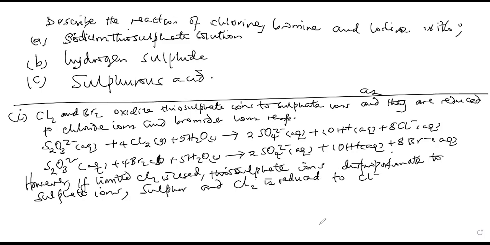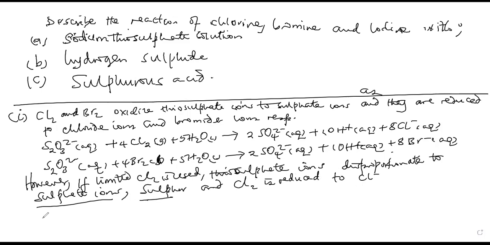That's what you need to know. So if we use limited chlorine, the thiosulfate ions go to sulfate. The oxidation takes place still, but we form sulfur also amongst the products.